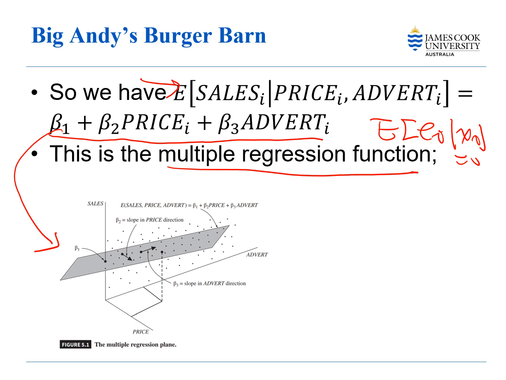The vertical axis is sales. The two horizontal axes are price and advertising expenditure. The dot points here are the data points. Rather than fitting a line to the scatter plot of data points as in simple regression, now we are fitting a plane to the data points.